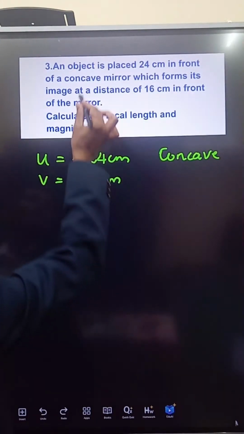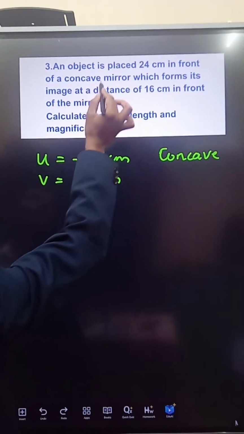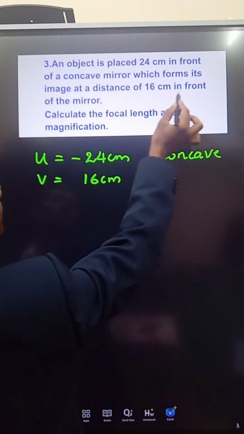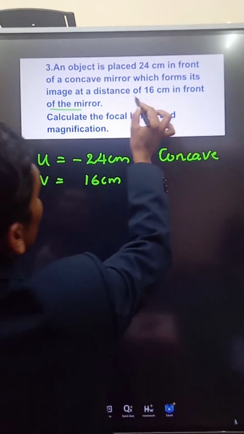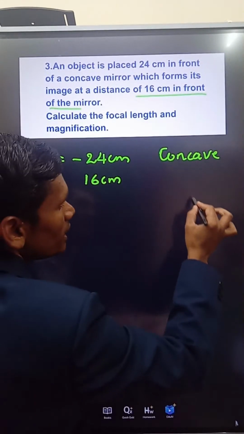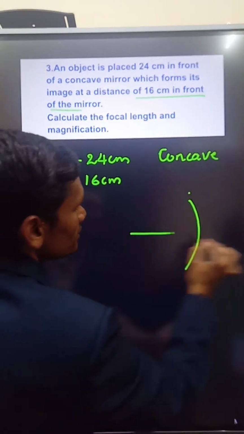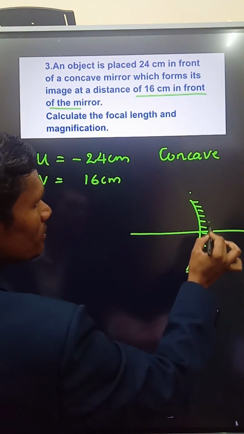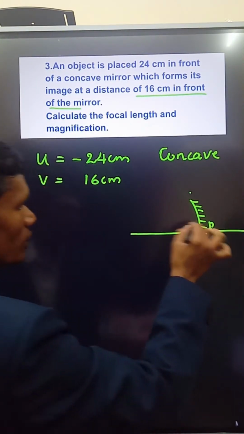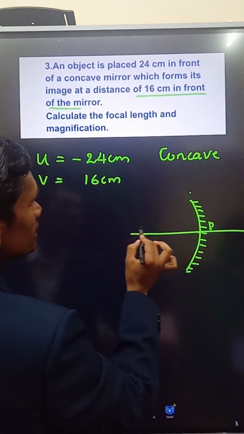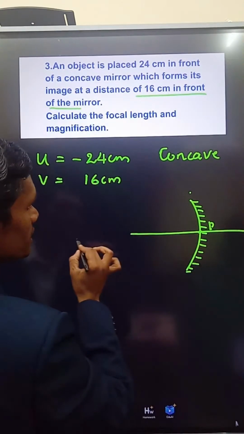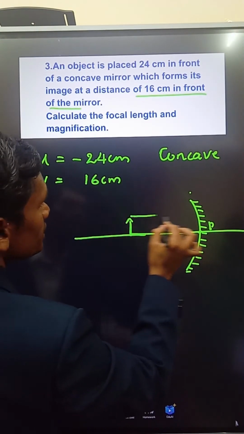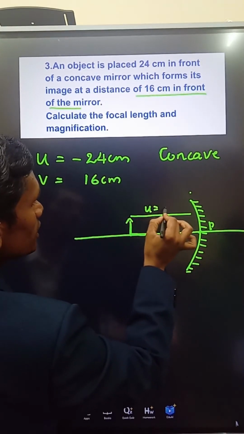Now try to understand this. An object is in front of a concave mirror which forms its image at a distance of 60 centimeters in front of the mirror; they have given a hint already. It's very simple. Here P is given, the pole of the mirror. If the object is kept here somewhere, its distance is the object distance u, which is 24 centimeter.